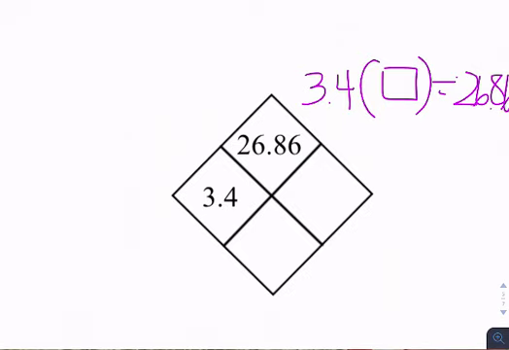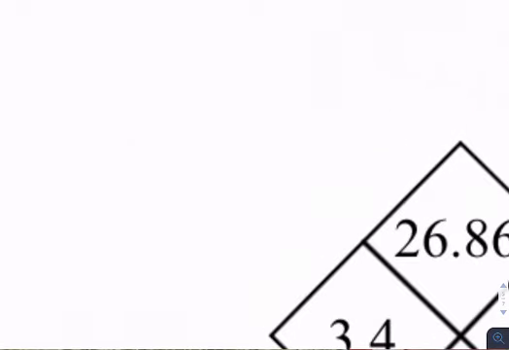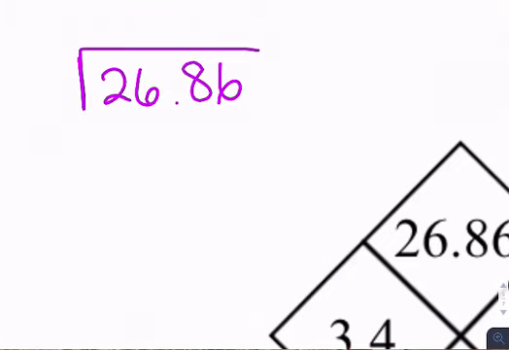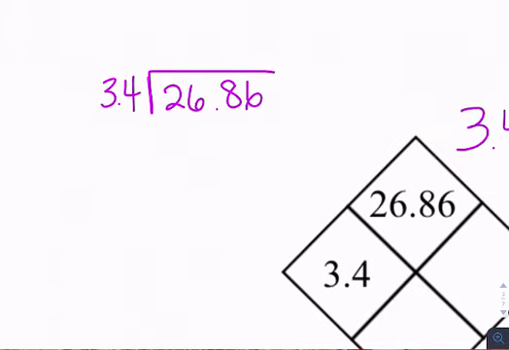So we're going to divide 26.86 by 3.4. Now we ignore the decimals here.